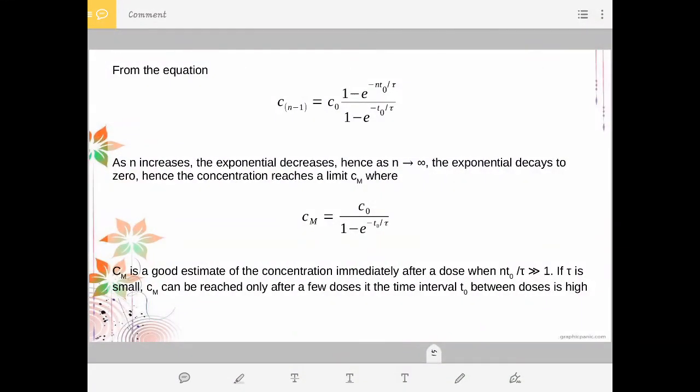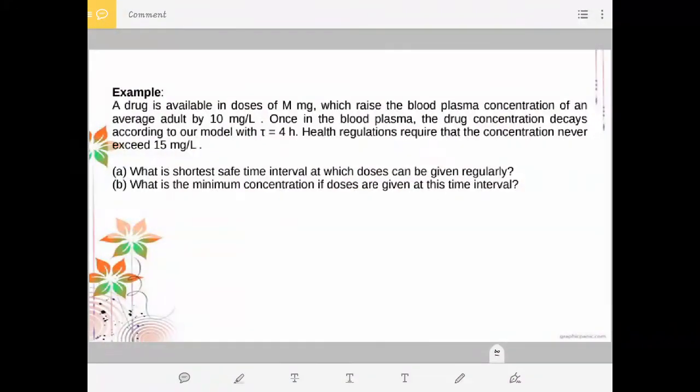So you have your tau as 4 hours. Tau is an intrinsic constant, a constant intrinsic to the nature of the drug and how that drug is processed or decays in the system. So the tau is 4 hours.